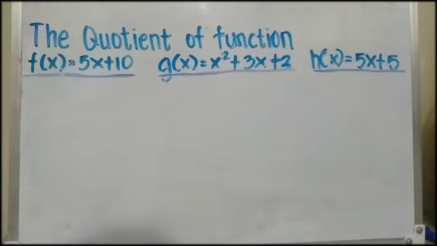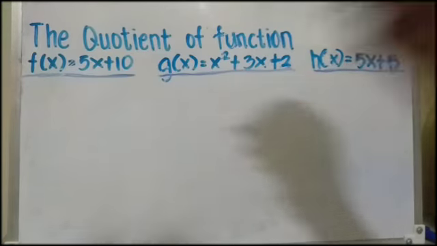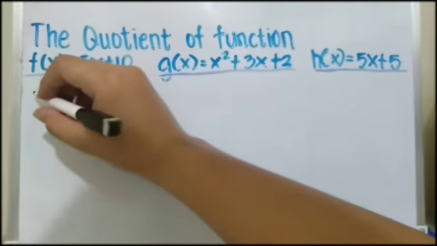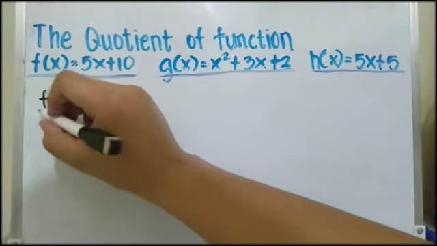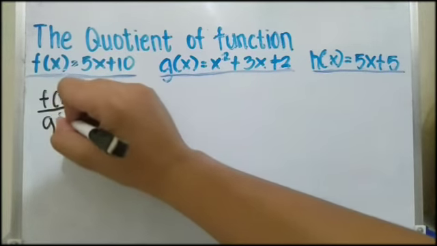So now we are in the fourth type of operation of functions, which is the quotient. So we are going to find the value of f(x) and g(x).